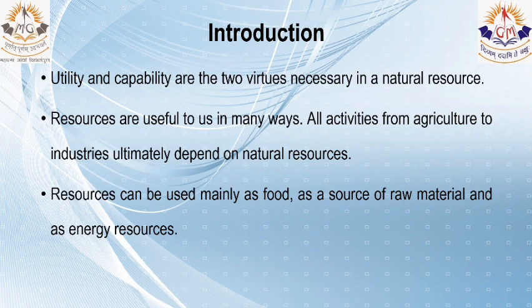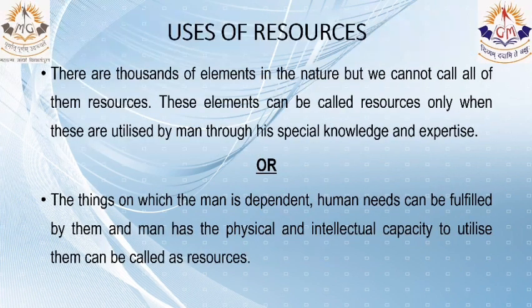Basically all of them are using raw material taken from natural elements. So that is the second way in which we can understand resources. And the third is, many resources give us energy. So basically we divide resources into three ways. First for food, second for raw material for industry, and the third as energy resource.